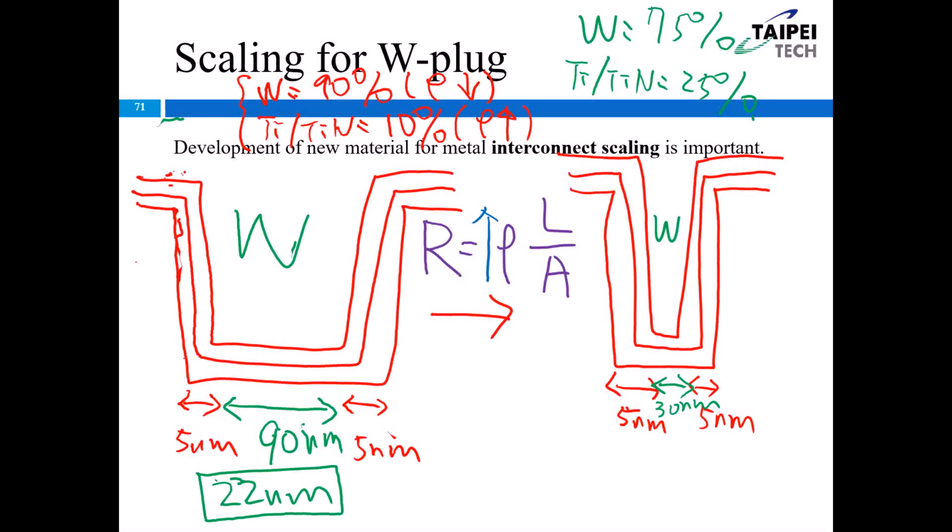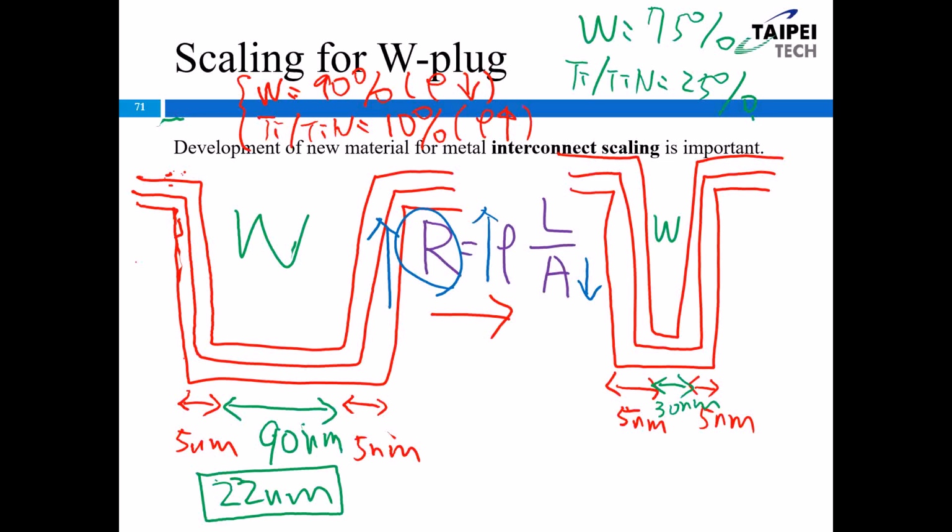And how about the cross-section area A? You see, the cross-section area A is also smaller, right? So the resistance of this structure will be increased a lot, okay?